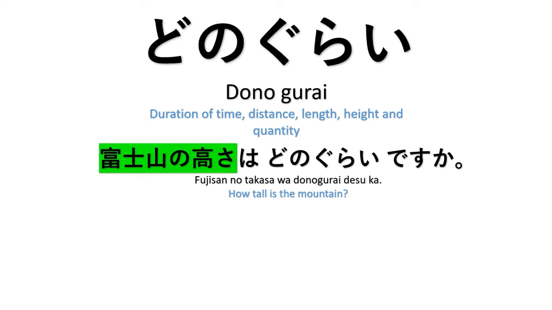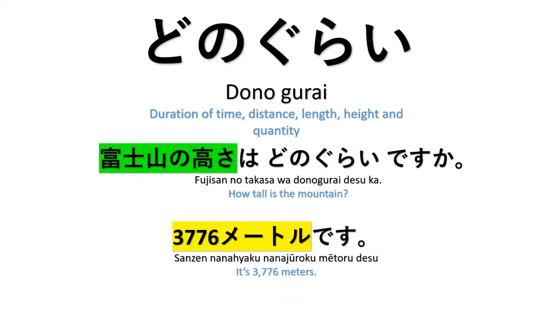So, Fujisan no takasa wa donogurai desu ka? How tall is the height of the mountain? 3776メートルです。3776 meters.